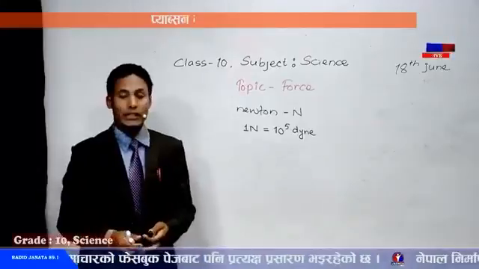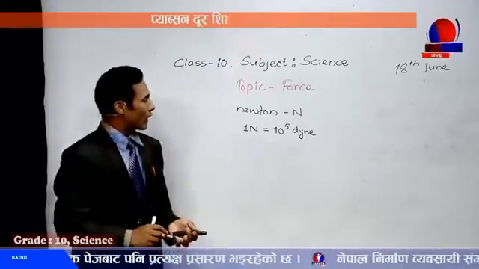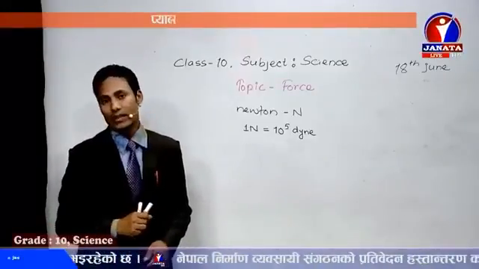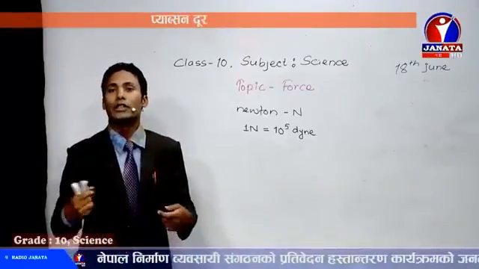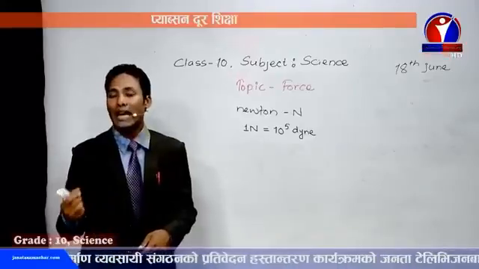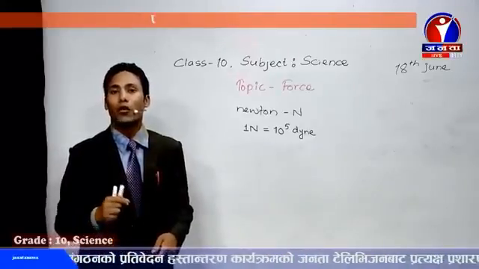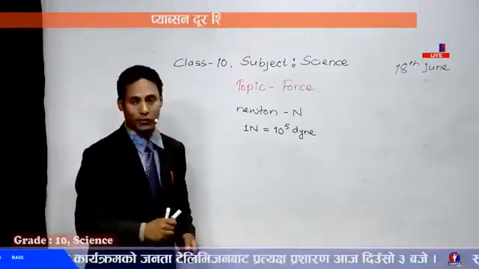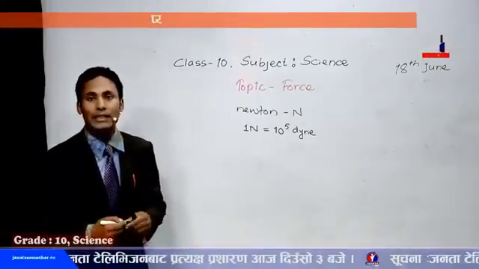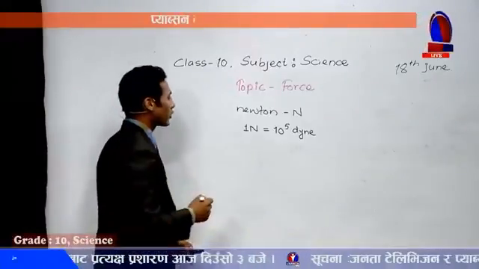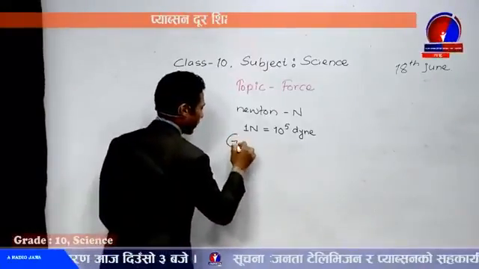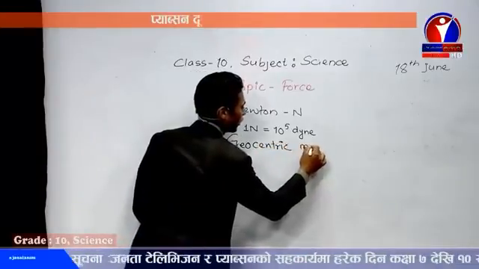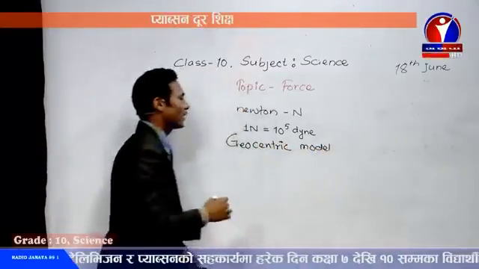Before the 16th century, people used to believe that the earth is at the center, and other heavenly bodies like the sun and other planets revolve around the earth. That was the belief of the people before the 16th century, and that belief is called the geocentric model, or the geocentric theory.